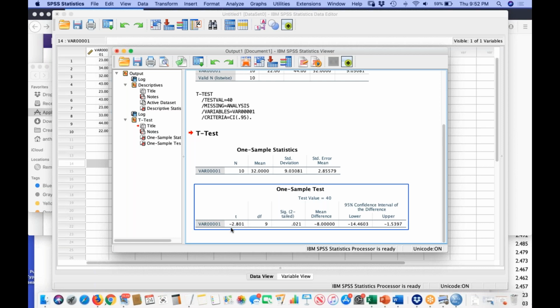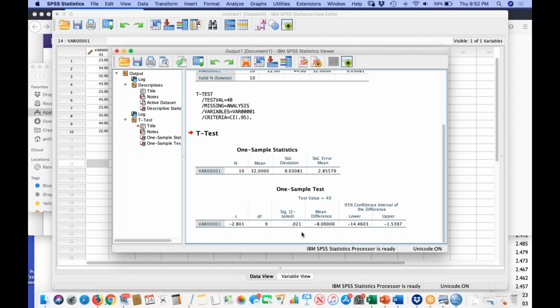Well, we knew that anyway, because the 2.8 is bigger than t critical, so we knew it from the table, but this actually gives you the probability. Technically, it's not really the probability of being wrong. It's the probability that you would get that big a difference in the two means if the null hypothesis were true.